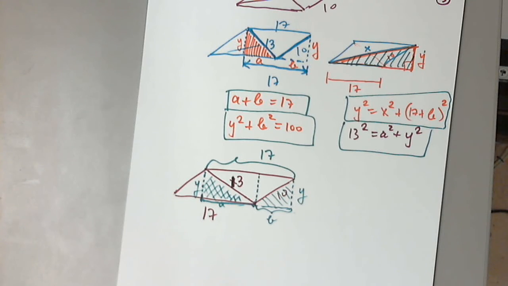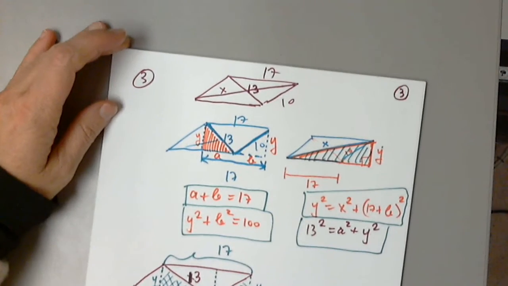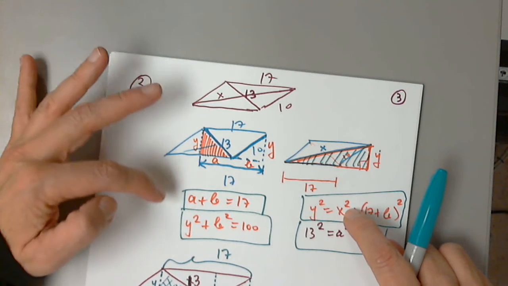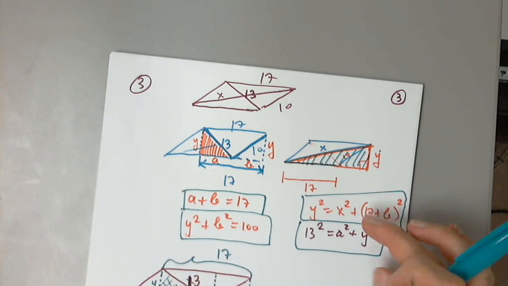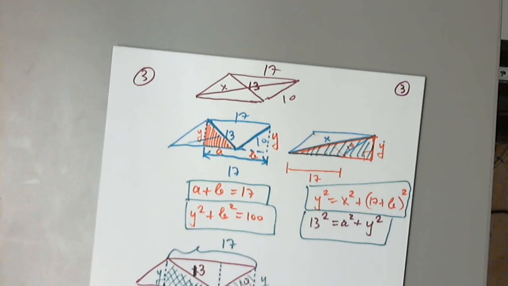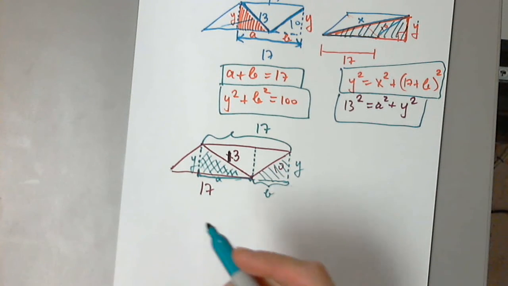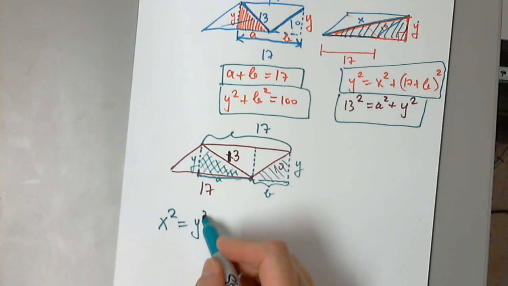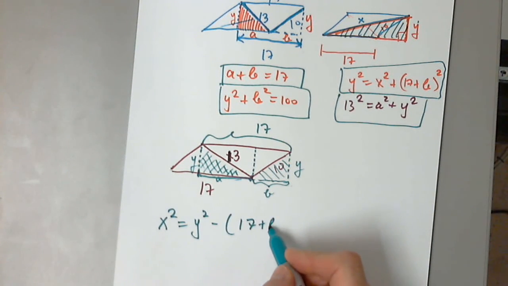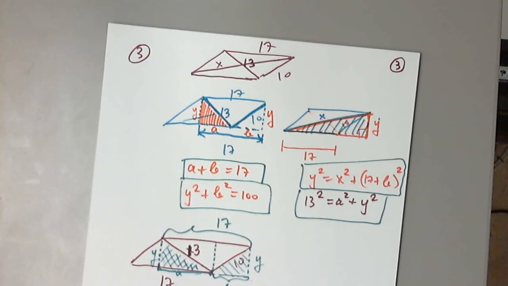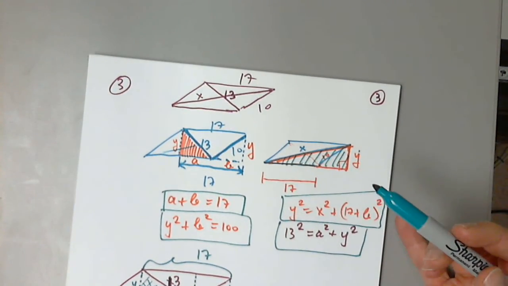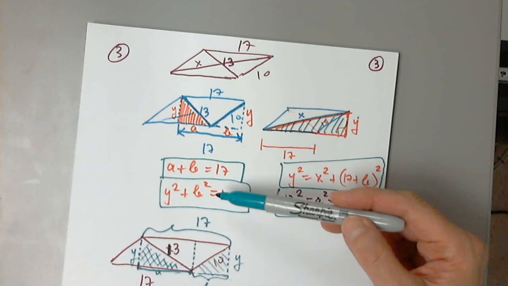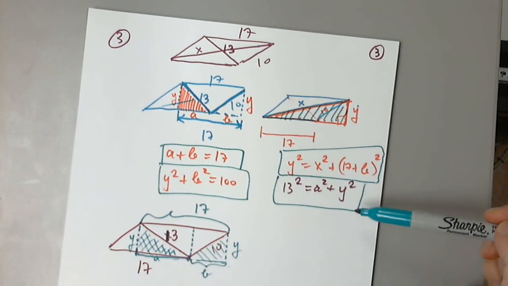Now the question is, where do we start? So let's see. What do I want to get rid of? I'm only interested in x. I don't care for a, b, y. I only have one equation with x, so x squared equals y squared plus (17 plus b) squared. Okay. So how do I get rid of y squared?